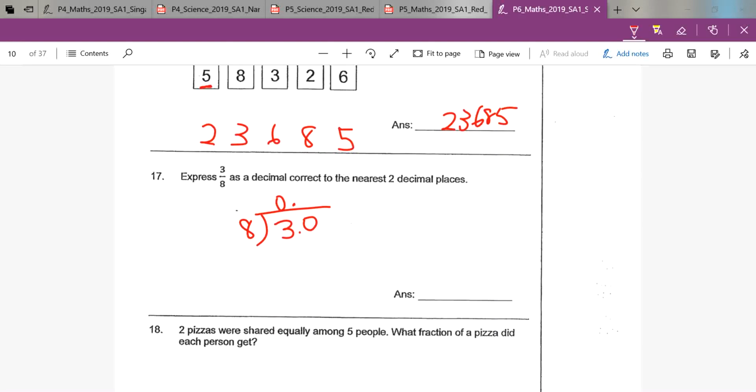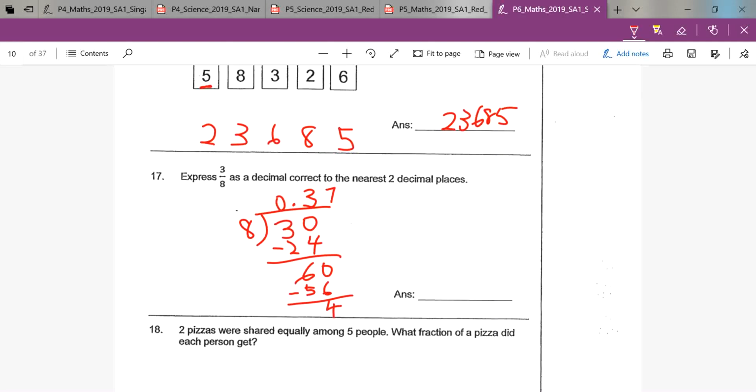Now, you read it as 30 in order to divide by 8. The multiple of 8 that is closest to 30 is 24. So that is 3 times 8, minus 24. You have 6, borrow 1 more 0, and then you're going to have 7, 56, and 4.